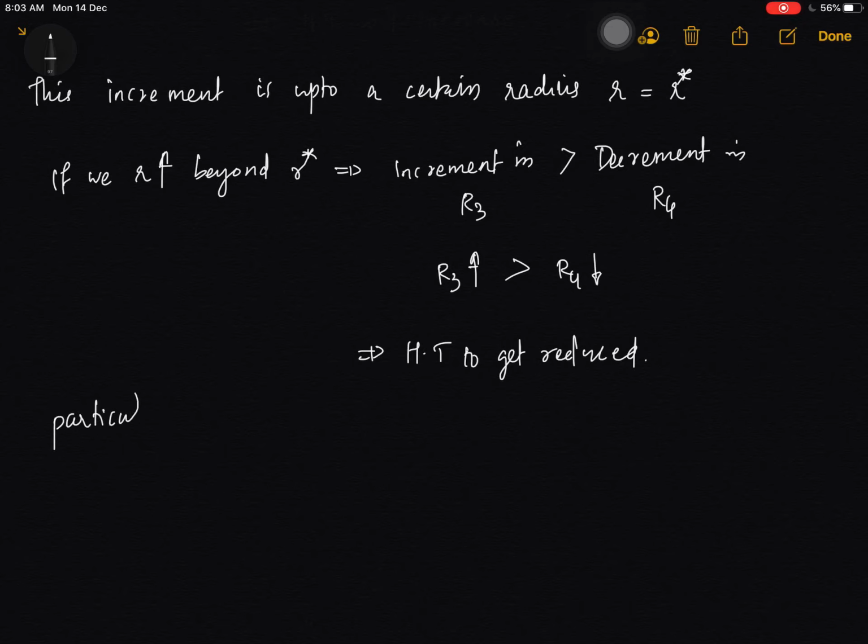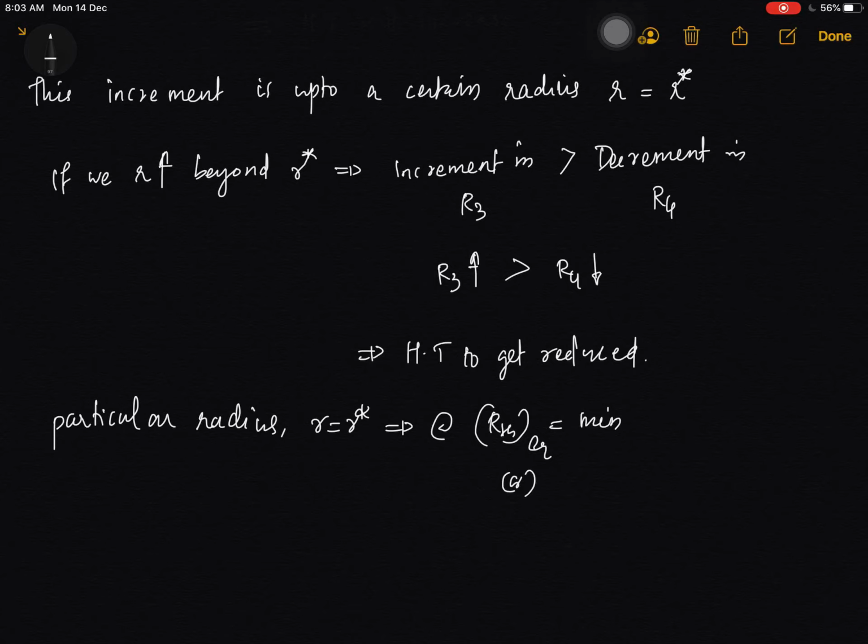So this particular radius, r equal to r star, at which RTH equivalent is minimum, or heat transfer is maximum, is called the critical radius of insulation.